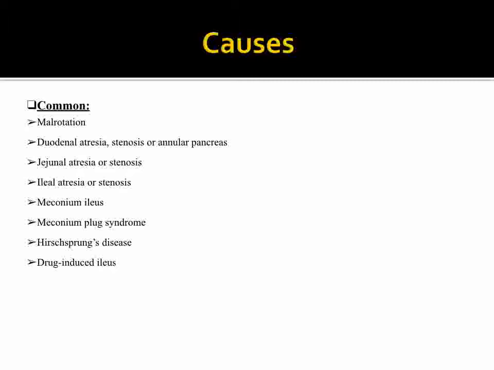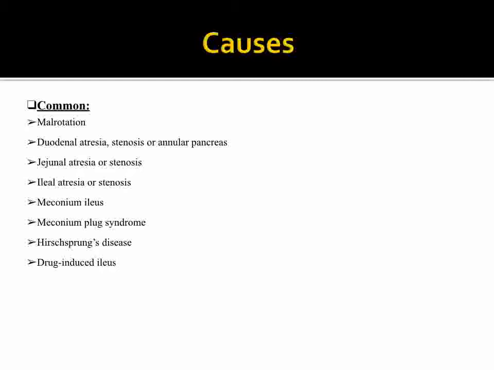Ileus produced in the baby means failure of peristaltic movement of the intestine without mechanical obstruction. What is the source of this ileus? Sometimes some drugs may be given to the mother before clamping of the umbilical cord. So these drugs will pass from the mother to the baby through the umbilical cord and produce their effect in the baby.